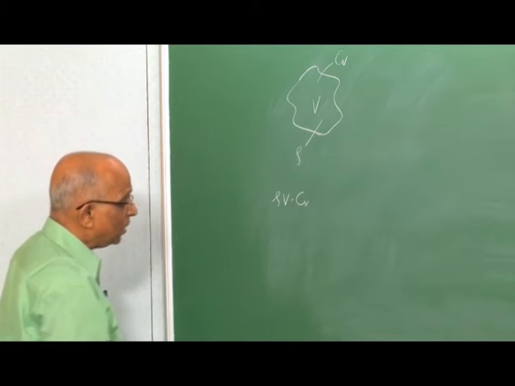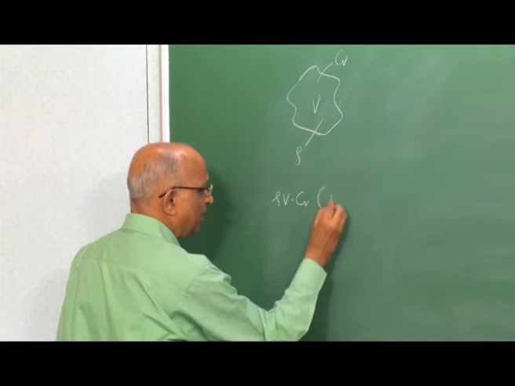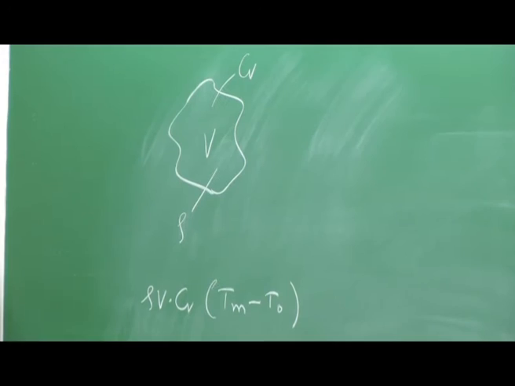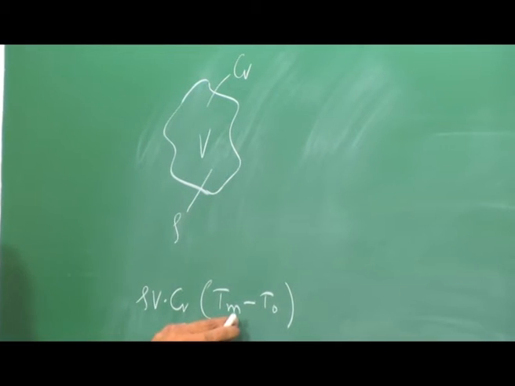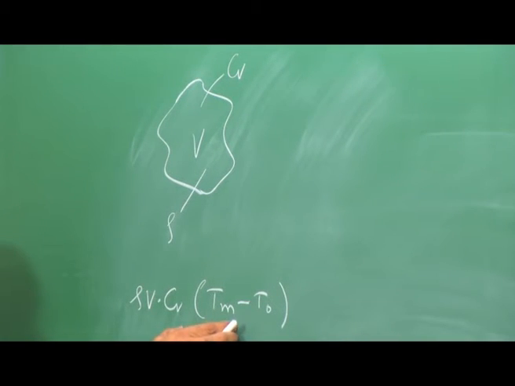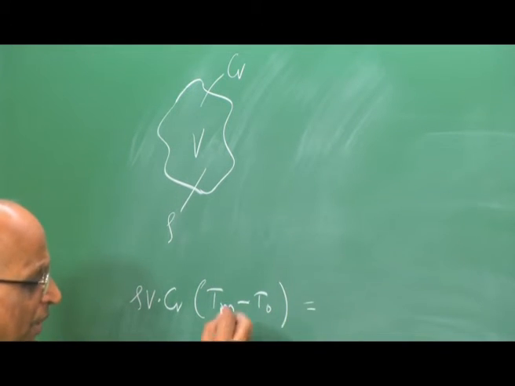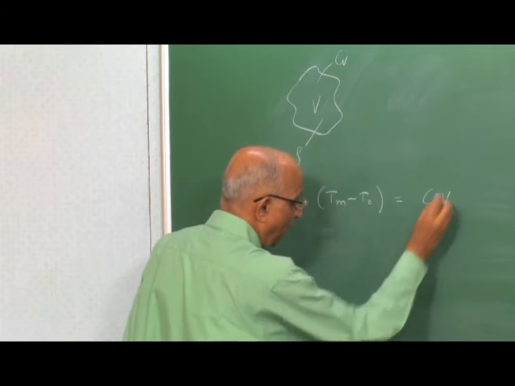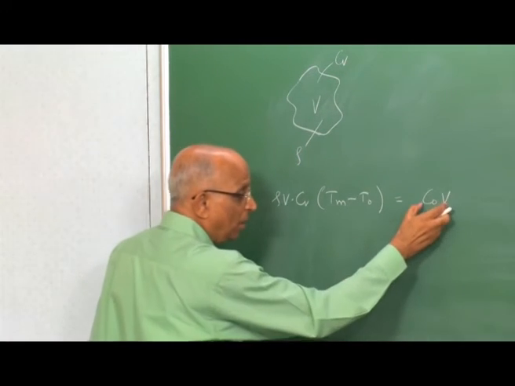And what happens? What is the maximum temperature reached? We say it could be Tm, the initial temperature is T0, and this is the total energy available to you. And what is the total energy? If the concentration initially is C0 per unit volume, and I have volume V here, this is the total number of moles.